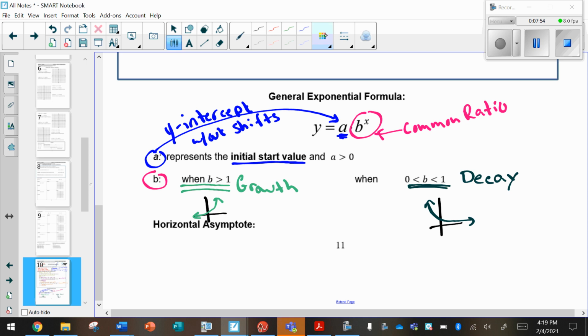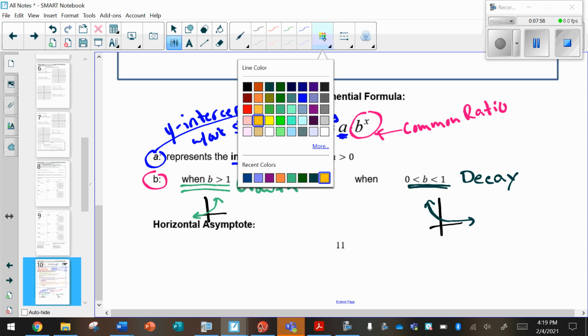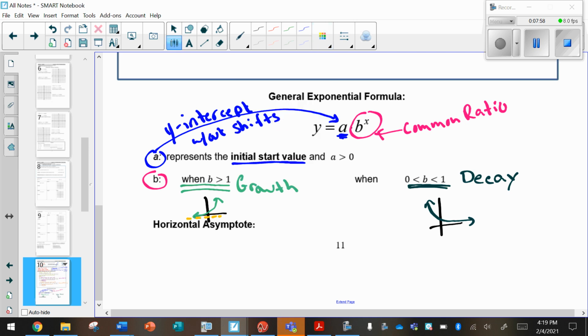Now, for both of these examples, our graph will never actually touch the x-axis. It gets close to it, but never actually touches it. The value on the graph that your curve approaches but never reaches is represented by a horizontal asymptote. Spelled weird, but it's pronounced asymptote.